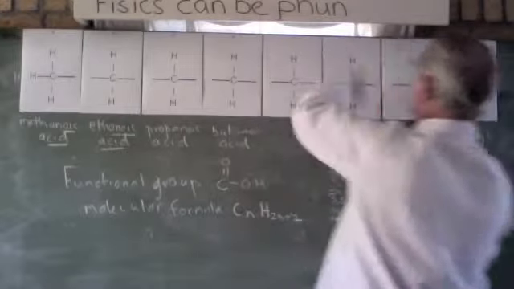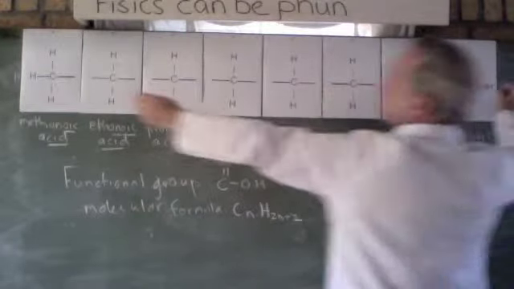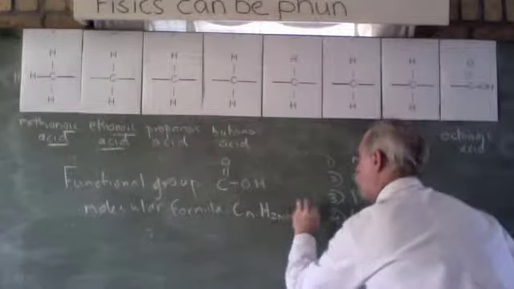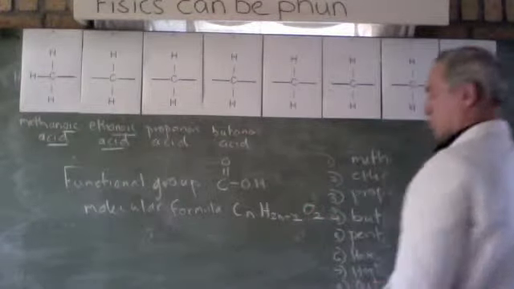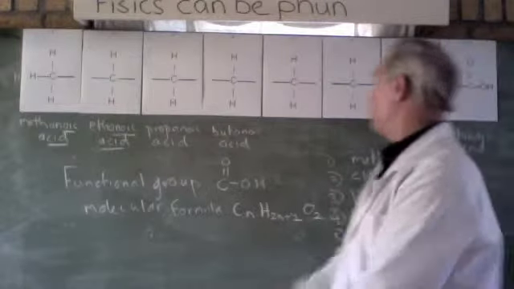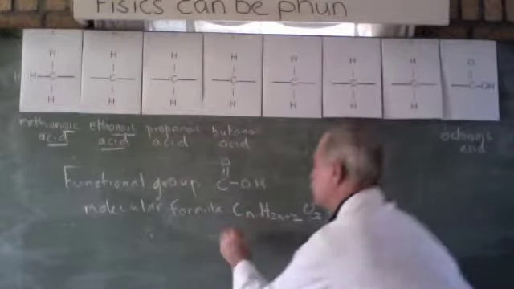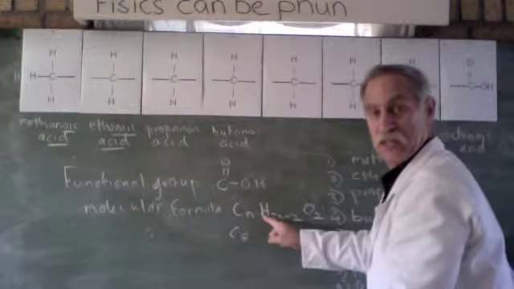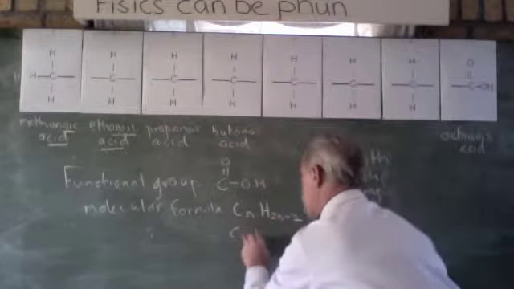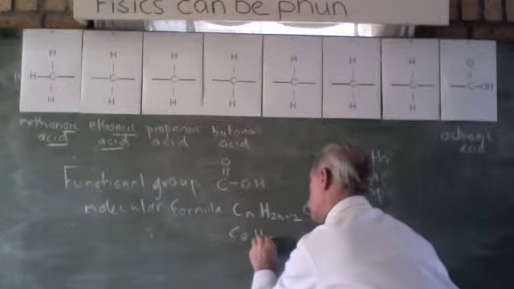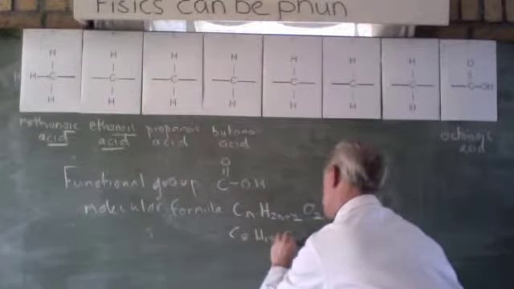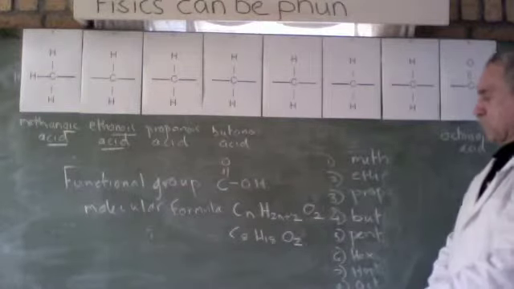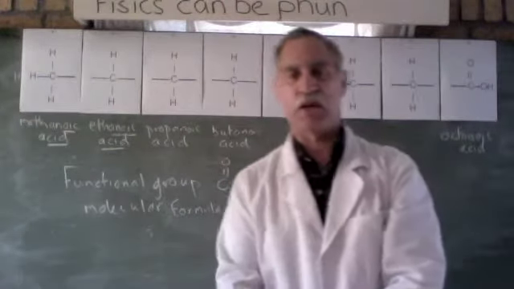So each carbon has 2 hydrogens, then there's 1 on each end, there's the plus 2, and then O2. So that would be how we could work it out. So for octanoic acid, it would be C8, H twice 8, 16, plus 2, 18, H18, and then it would be O2. And that would be the molecular formula.